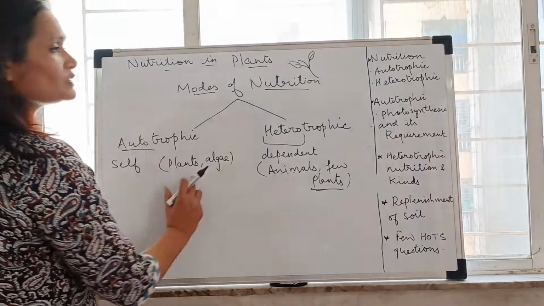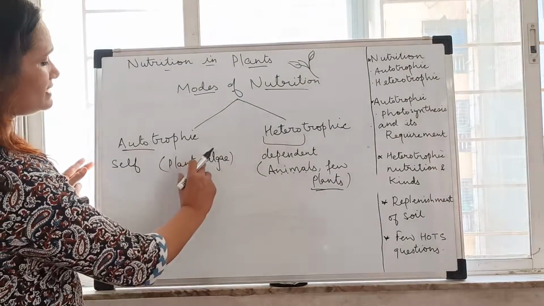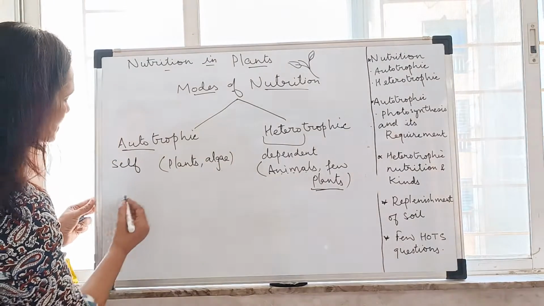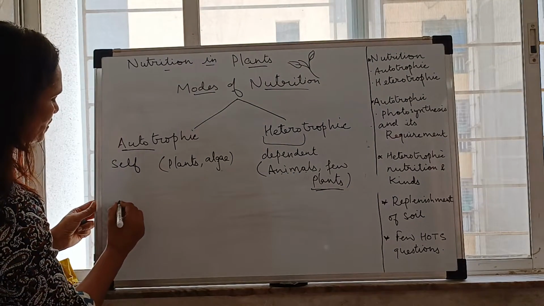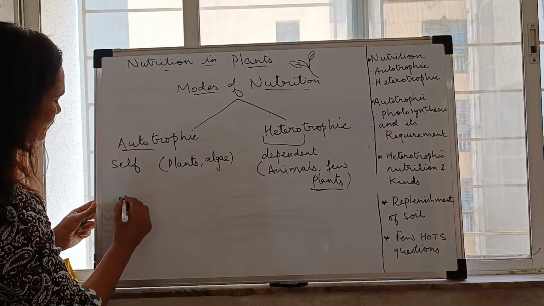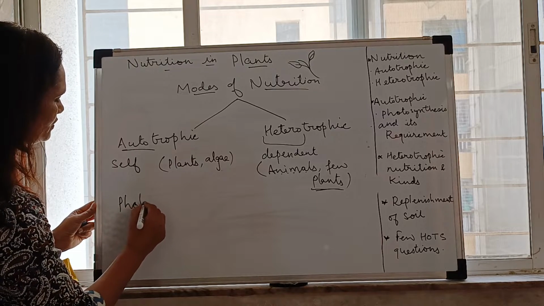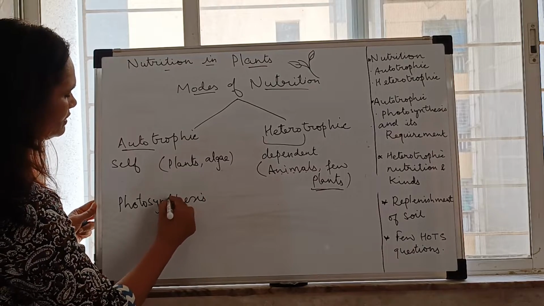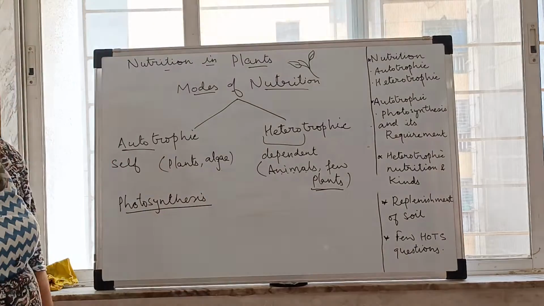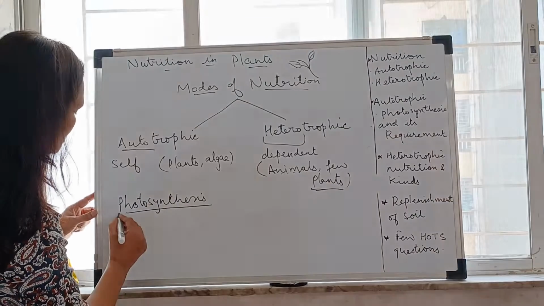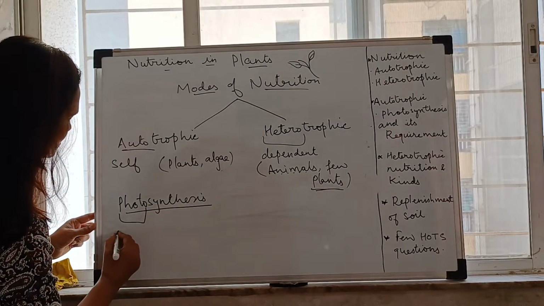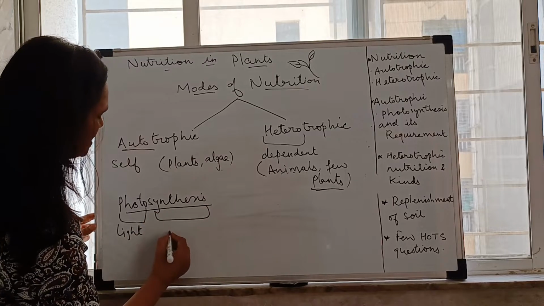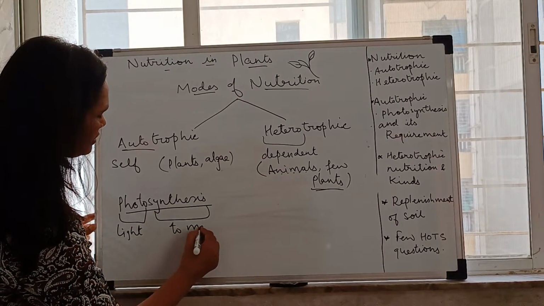Fine. So this autotrophic plant, as I said, prepares its own food. Now, how do they prepare their own food? They prepare their food by the process of photosynthesis. Now, what does this word photo mean? Photo means light, and synthesis means to make.